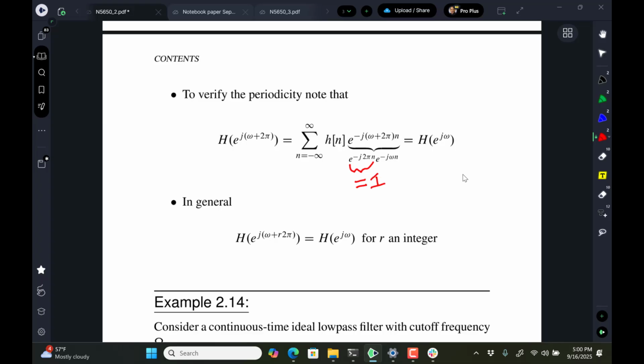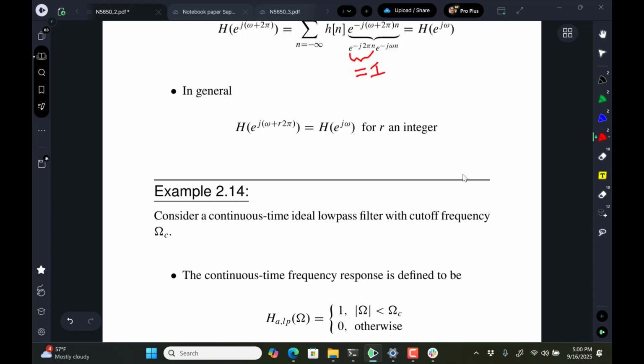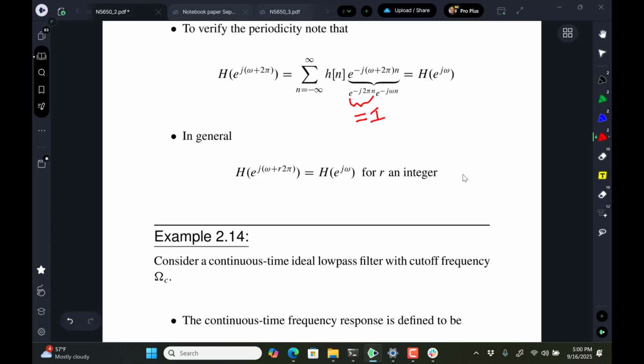That just equals 1, because I'm just multiplying 2 pi times n, so I'm always sitting right at 1 angle 0 on the complex plane. So it just repeats again for any number of cycles. And we'll take a look at that in Python too.